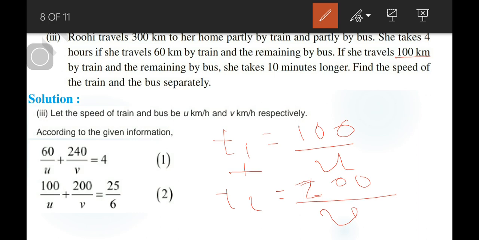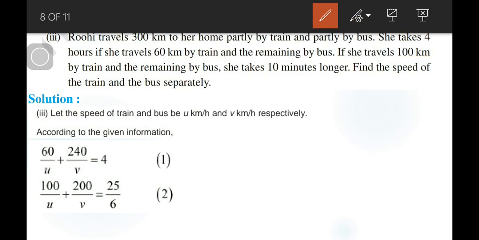So we can convert it in hours, so we can find 25 by 6. Now let us solve these two equations, we can find the value of u and v.